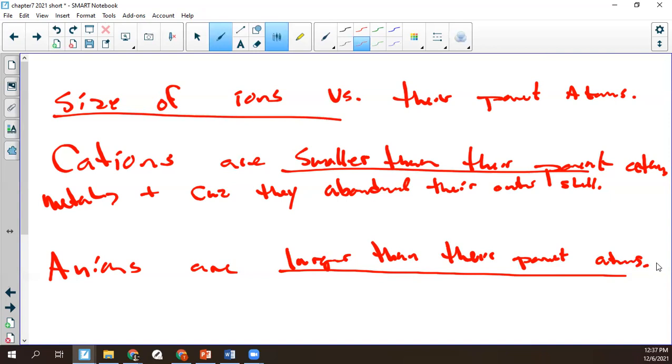Okay, anions are larger than their parent atoms. True statement, 100% facts, as my son would say. But the explanation is not the same. Here's the reason why.